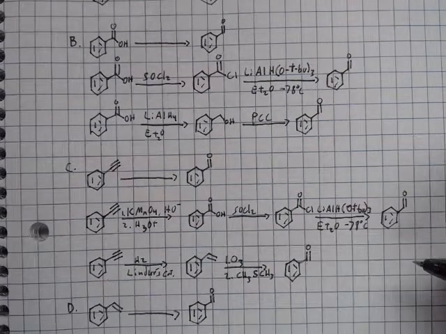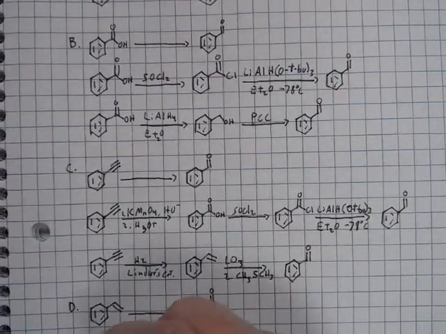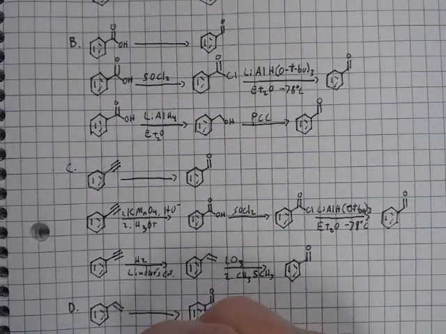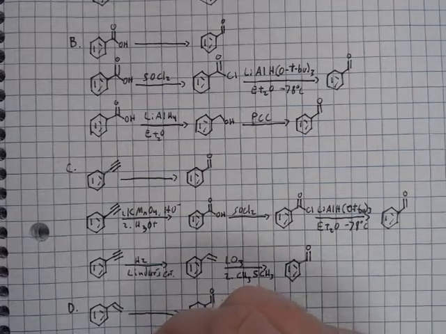And so one way of doing this would be to react our styrene. You can oxidize that with potassium permanganate.